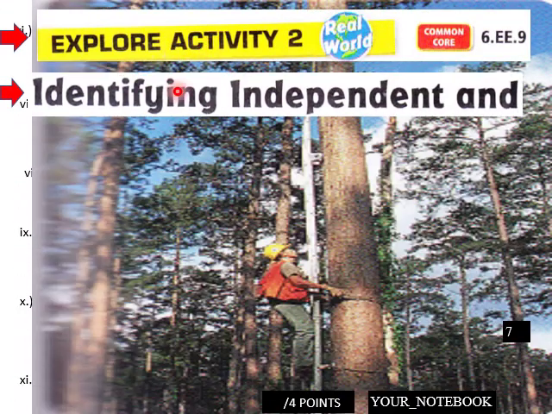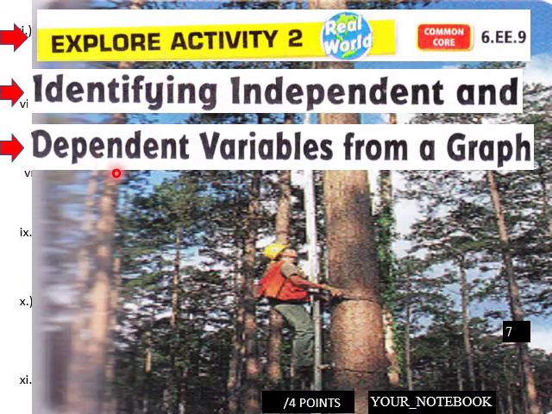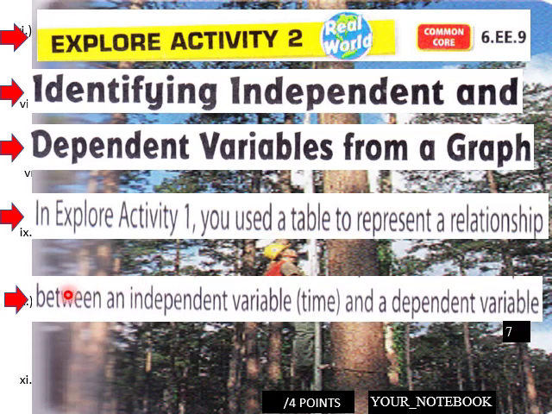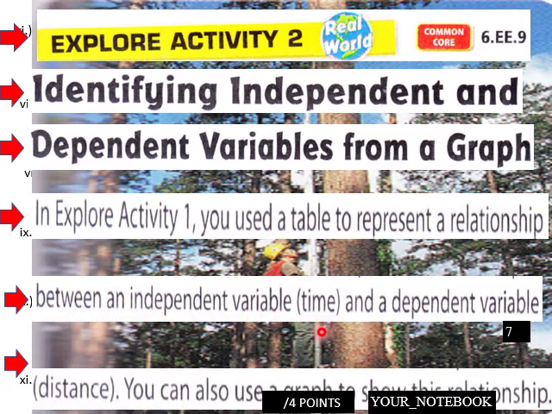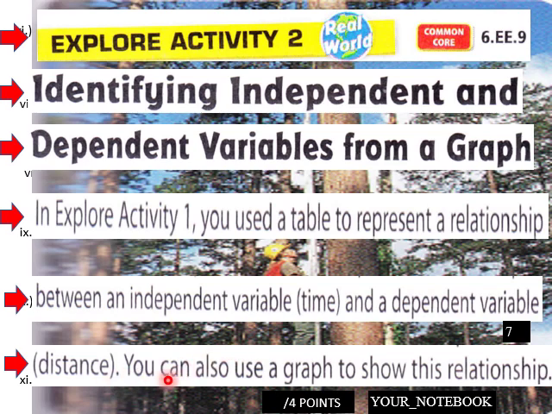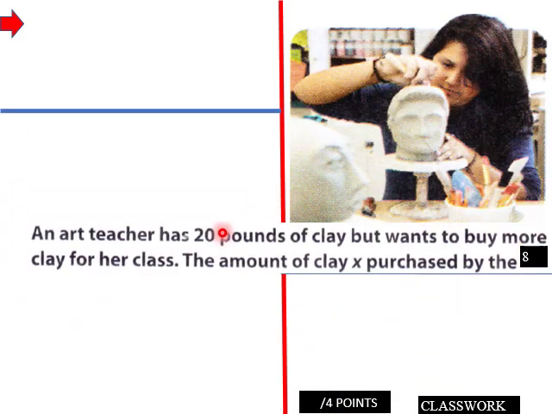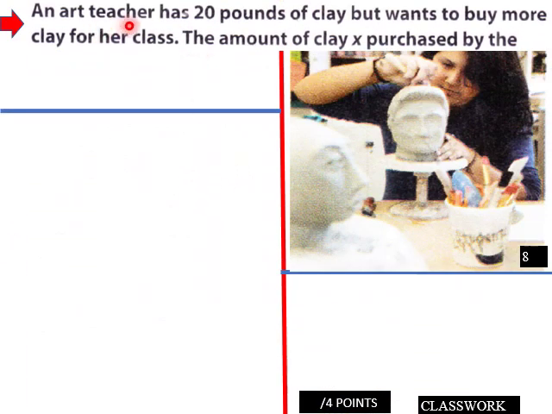Explore activity 2, identifying independent and dependent variables from a graph. In explore activity 1, you used a table to represent a relationship between an independent variable, time, and a dependent variable, distance. You can also use a graph to represent this relationship. An art teacher has 20 pounds of clay but wants to buy more clay for her class.